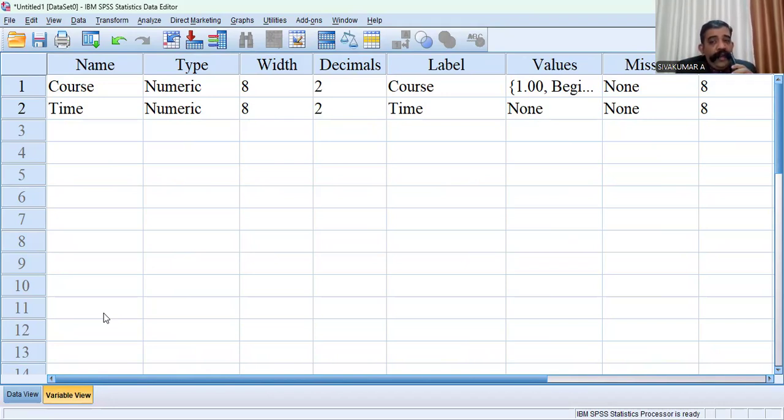Then, when we think about dependent variable, the dependent variable should be measured at the interval scale or ratio scale. In SPSS, it is commonly known as scale. In one-way ANOVA, one dependent variable.